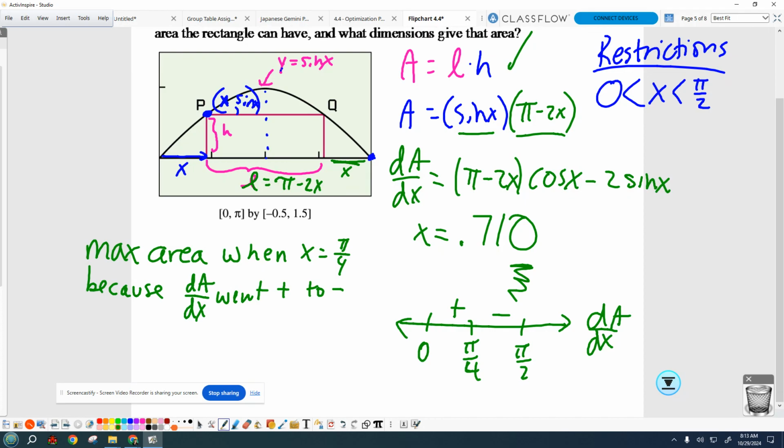The width is easy. Because pi over 4. So the x value was pi over 4. So what is the length? Pi over 2.